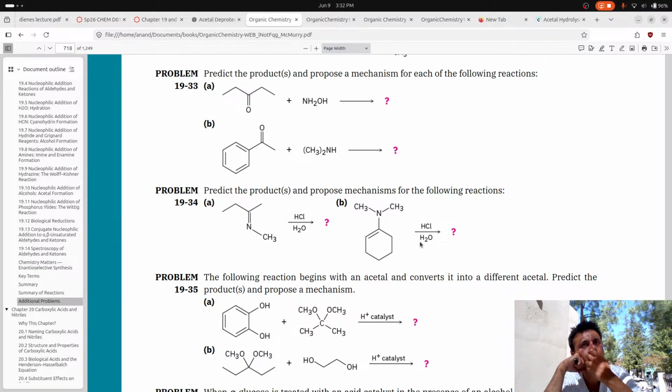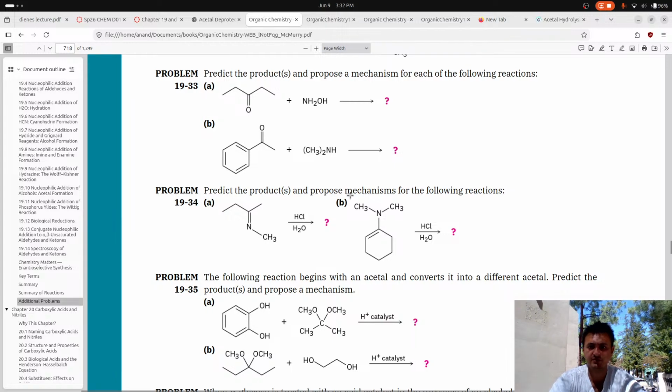Let's just keep going. So this would be N,N-dimethylcyclohexenamine, one ene, one amine.